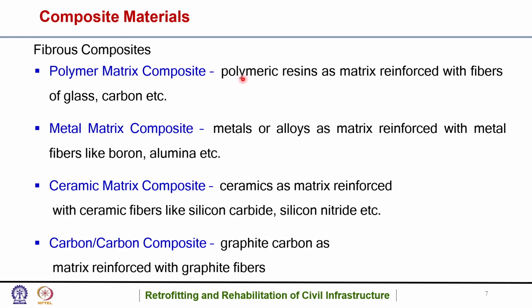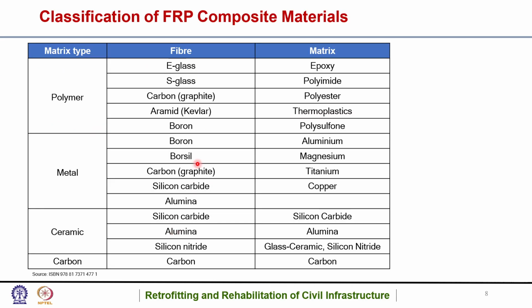Polymer matrix composite is basically polymeric resins as matrix reinforced with fibers of glass, carbon, etc. Metal matrix composites are metals or alloys as matrix reinforced with metal fibers like boron, alumina, etc. Ceramic matrix composites are ceramics as matrix reinforced with ceramic fibers like silicon carbide, silicon nitride, etc. And carbon-carbon composite is graphite carbon as matrix reinforced with graphite fibers. So these are the various composite materials.